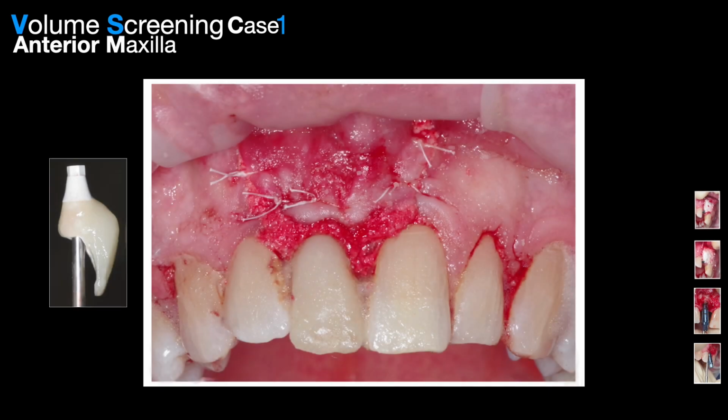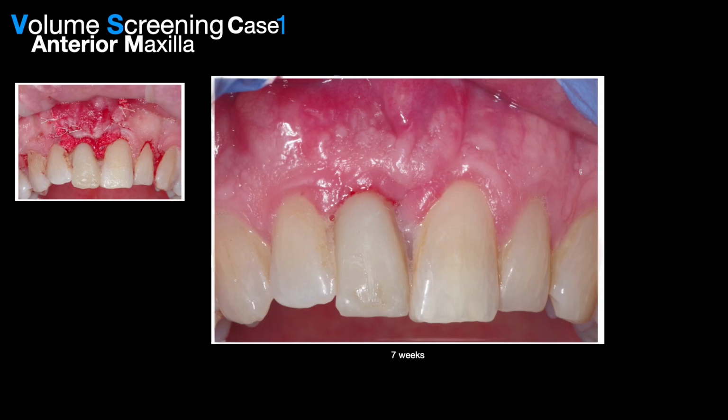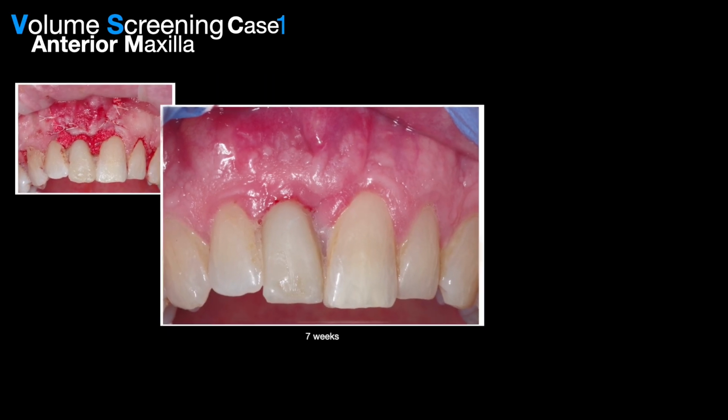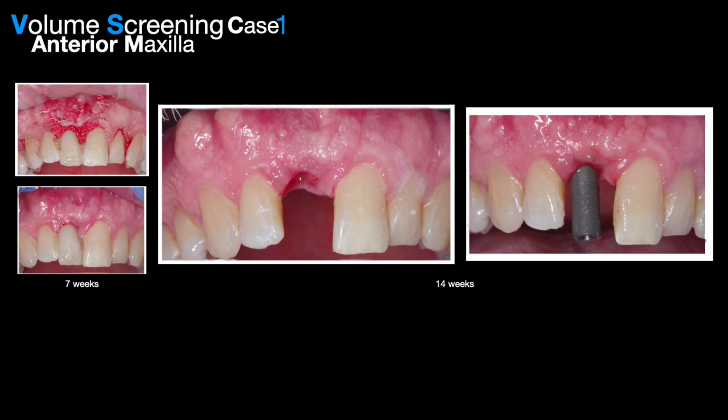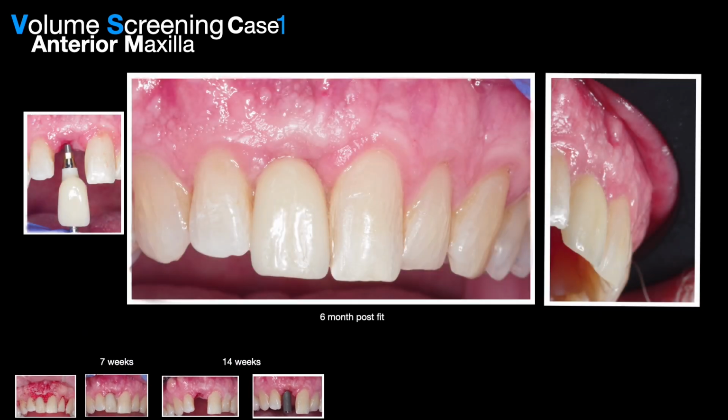Then it was left for, I call it a creeping attachment technique. We wanted to see whether it works, and the crown was applied. So that's healing after 7 weeks. That's healing at 14 weeks. And then we've got 6 months post-fit.